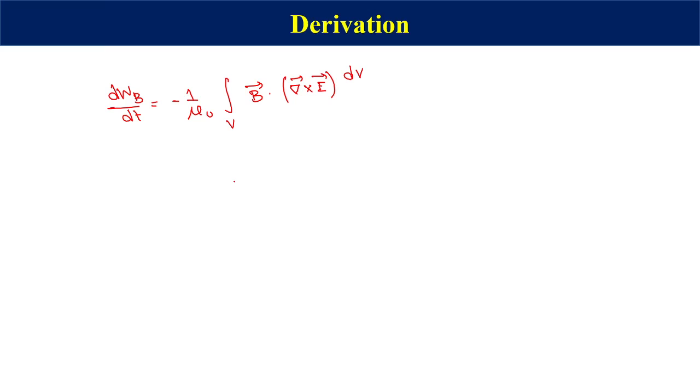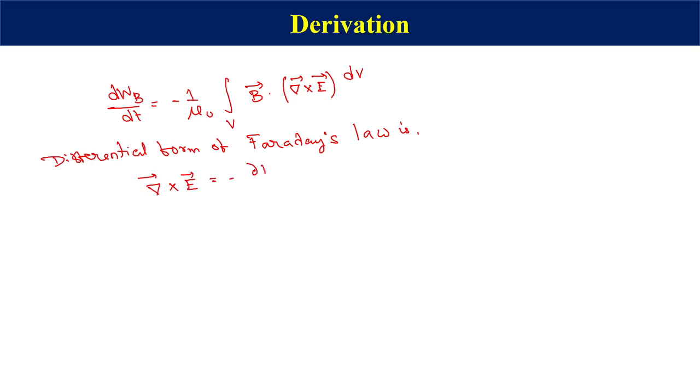Once again you might not have encountered it till now, but let us write it. The differential form of Faraday's law is del cross E, that's given by minus del B upon del t. So what you have to do is put it back into this particular equation.